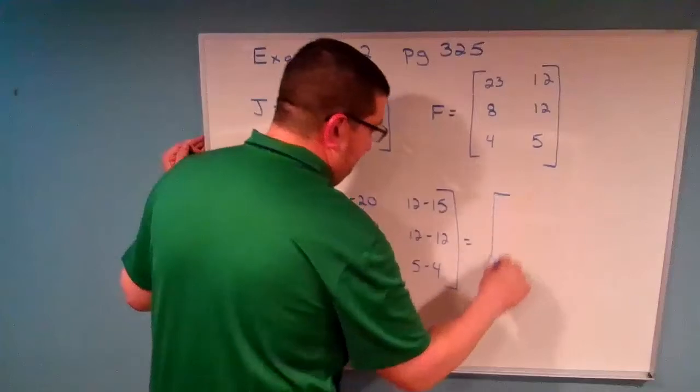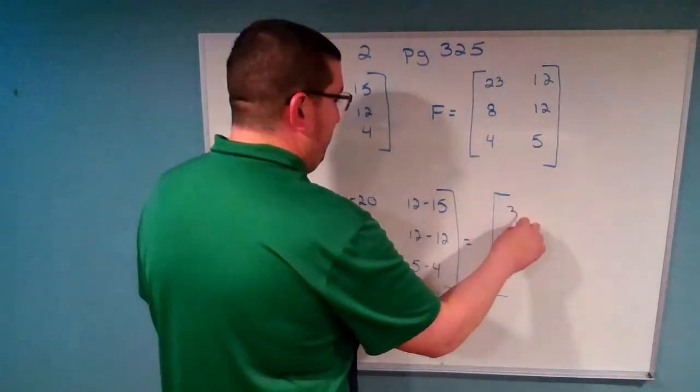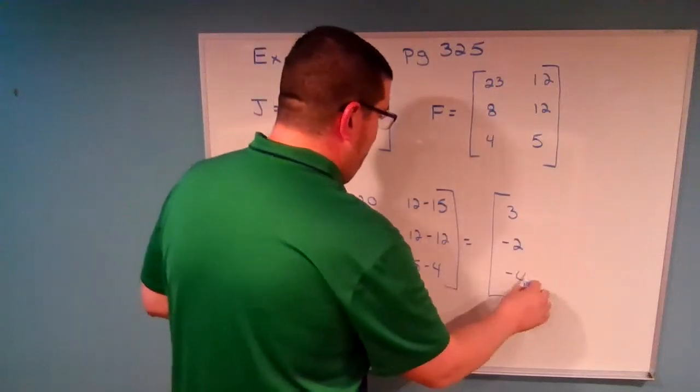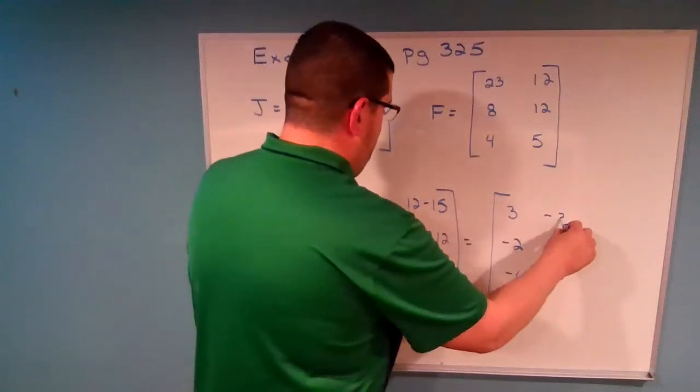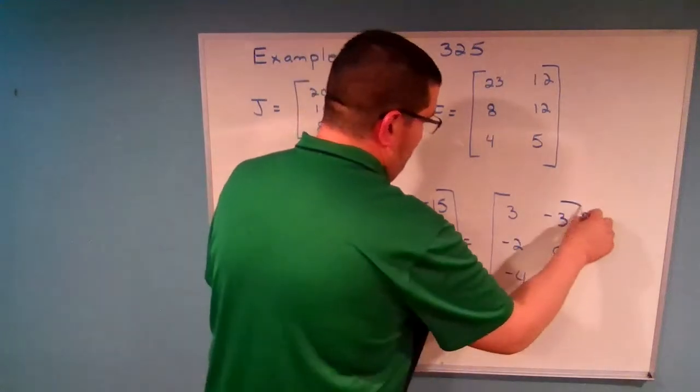So the resulting matrix of this subtraction, we would have 3, negative 2, negative 4, negative 3, 0, and 1.